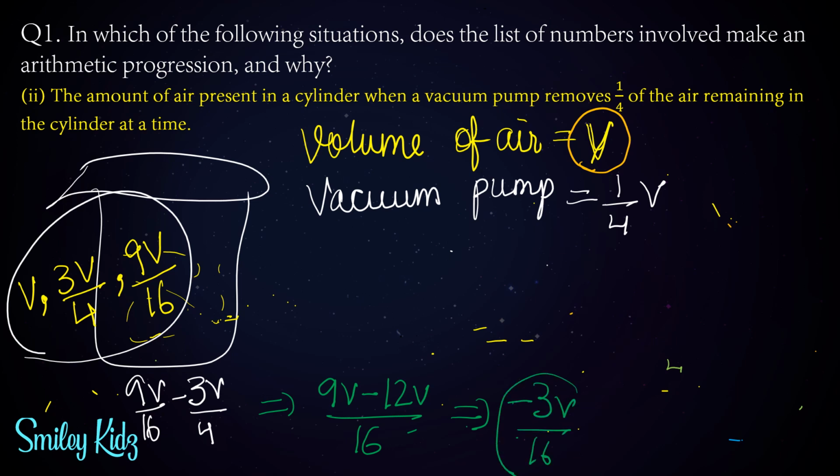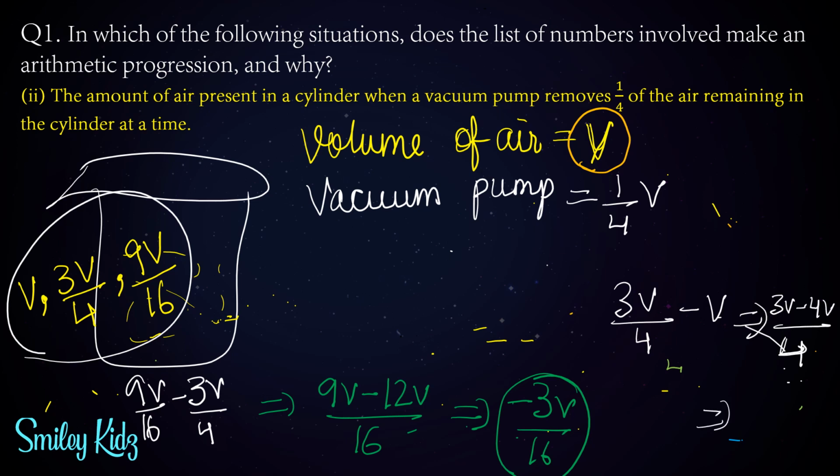This is my common difference in the case of A3 minus A2. Now what about the next one? I have 3V by 4 minus V, which on simplifying, we get 4 as LCM and 3V minus 4V, which in turn gives me minus V upon 4. And if you observe, are the common differences the same? No. When the common differences are not the same, the given set of numbers is not in AP.